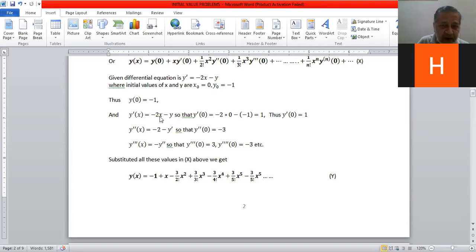We take the derivative of the function, not of the constant. So we take the derivative of minus 2x minus y and we get the second derivative of y as minus 2 minus y prime. Now in this second derivative there is neither x nor y but y prime. So at x is equal to 0, the value of y prime is already there, 1. So we substitute y prime at 0 is equal to 1. So minus 2 minus 1 becomes minus 3. So the second derivative value at 0 is obtained.